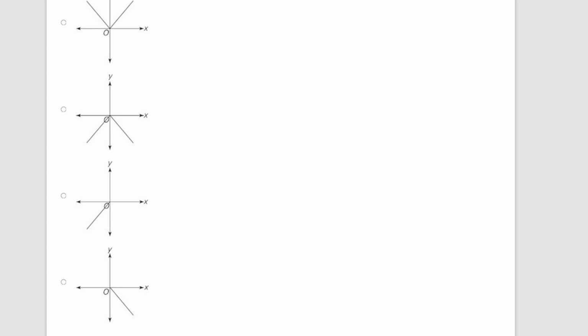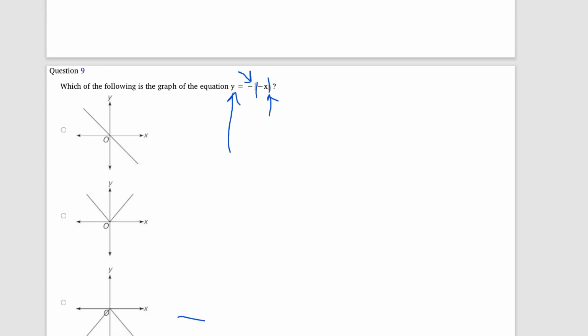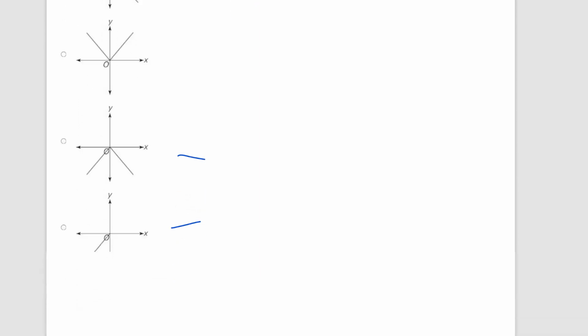Well, it's the last three. Notice in the last three graphs, y is always negative. It never gets above 0 in the y direction, in the vertical direction. For each of these graphs, it always stays negative. So we know it has to be C, D, or E because of the logic we used earlier to prove that y was negative. The question is, which one?